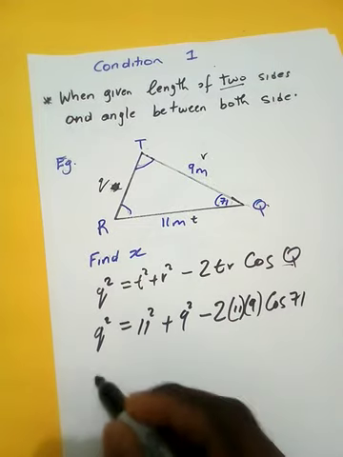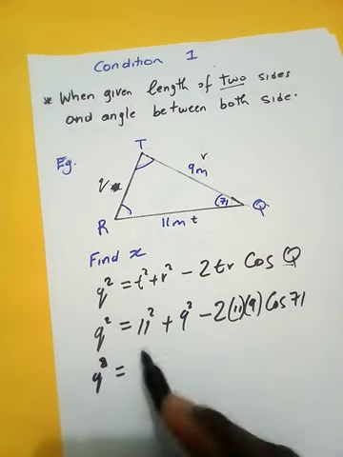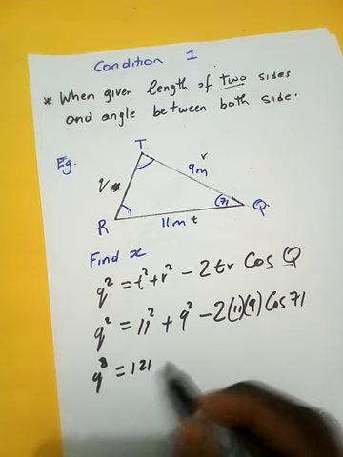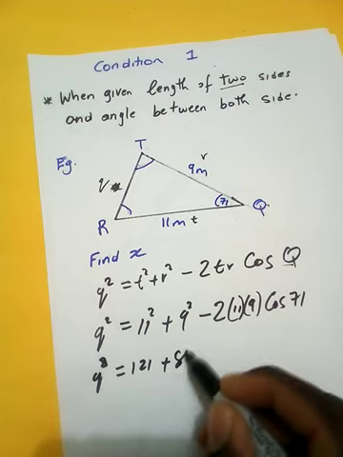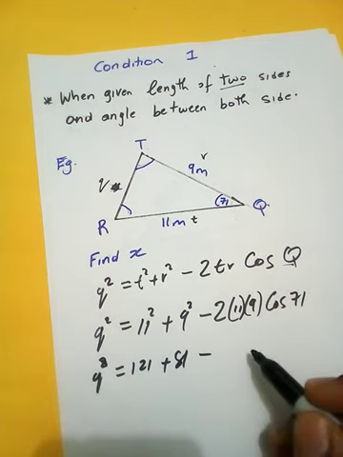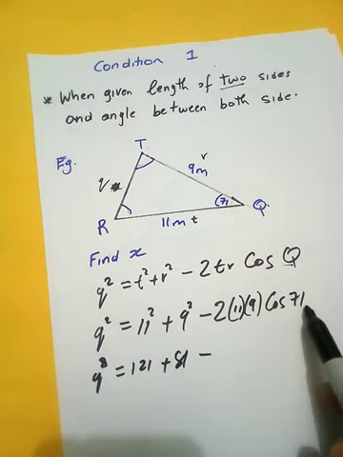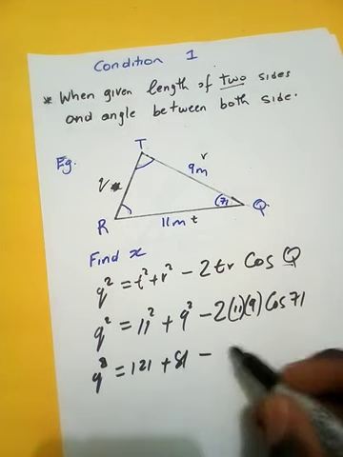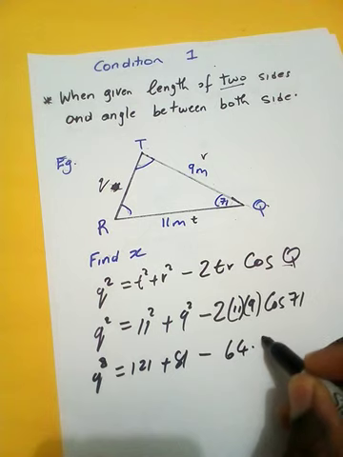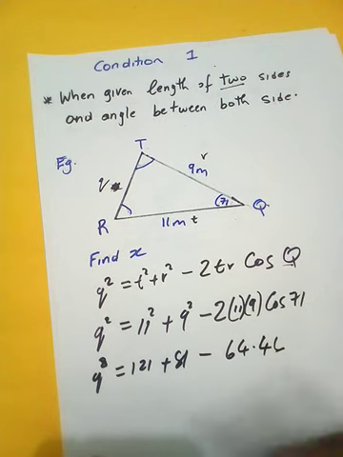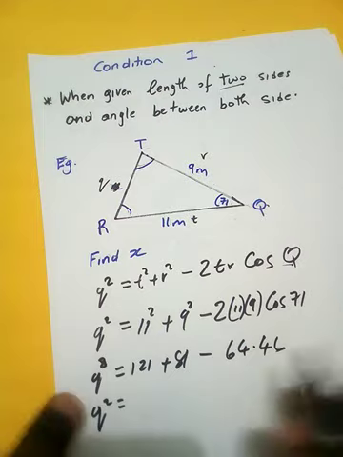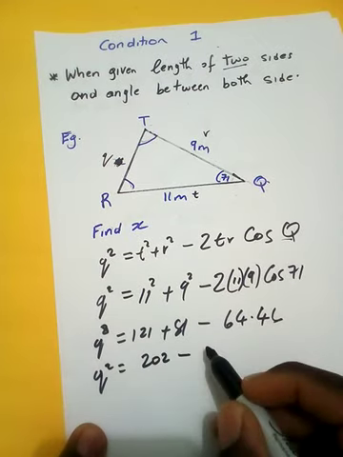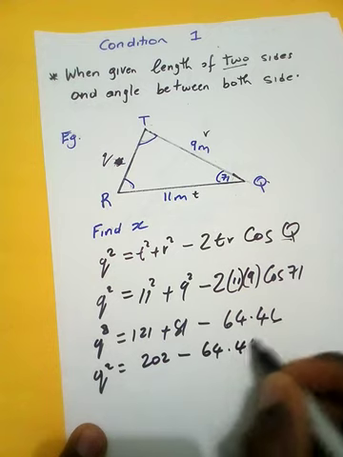Okay, now q squared is equal to 11 squared, which is 121, plus 9 squared, which is 81, minus, if we multiply all of this, cos 71, and then we multiply all of this here, I think we'll end up with 64.46. All right, so q squared is equal to 202 minus 64.46.